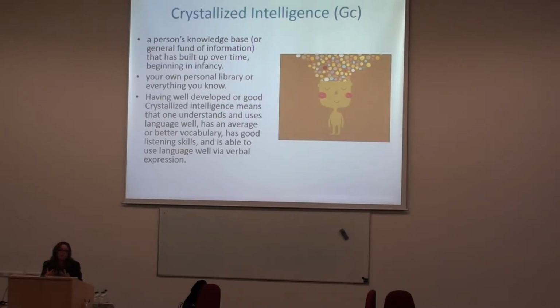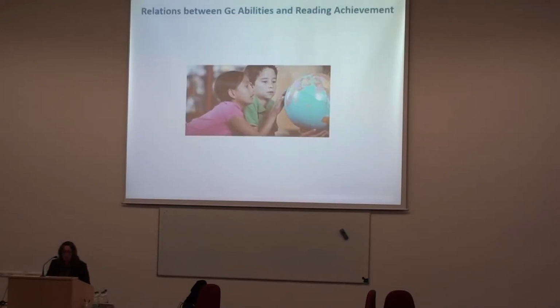You have good listening abilities, good ability to communicate. And GC is probably the single most important predictor of overall academic success. So of all the abilities we're talking about today, GC is probably the most important, that language, the knowledge base. It's like your own personal library of everything you know.